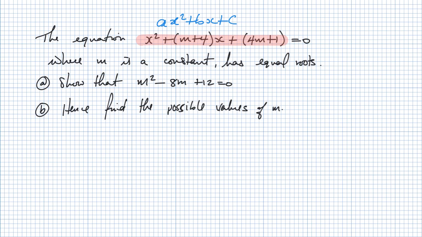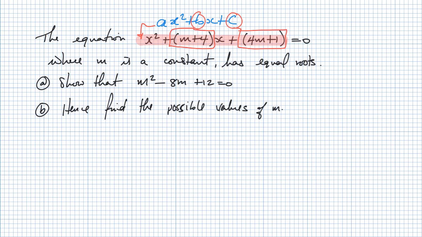And I would say to you, yes, it is, because the a is the number in front of x squared, which at the moment is 1. The b is this whole bracket here, times x, and the c is this whole bracket there. So, yes, it's in the form ax squared plus bx plus c.